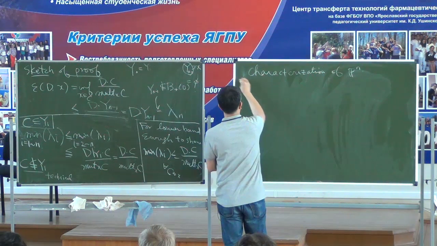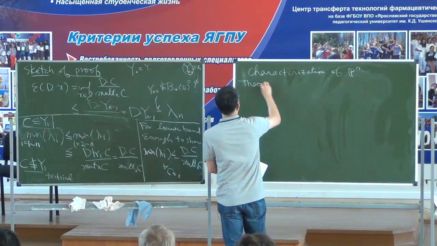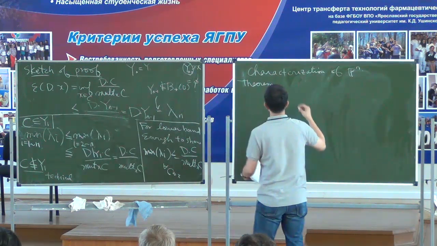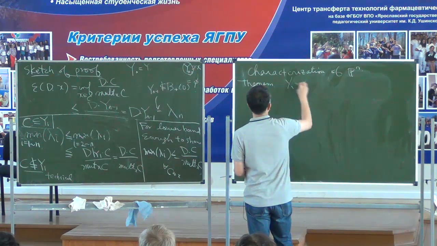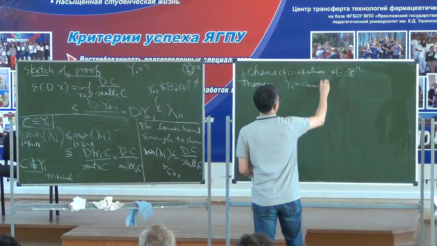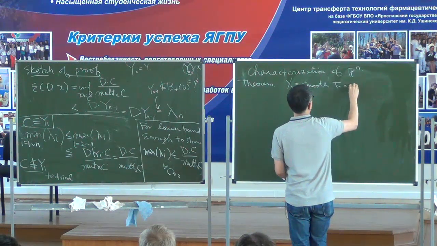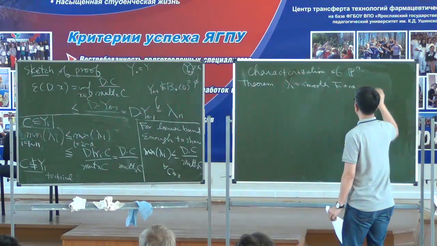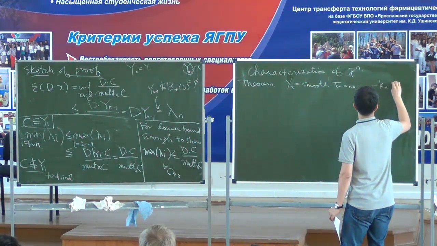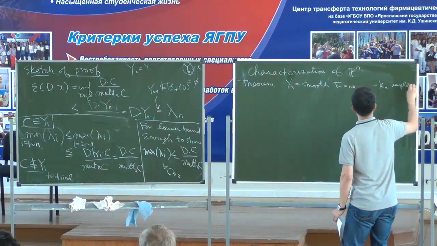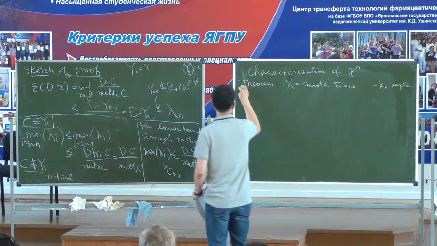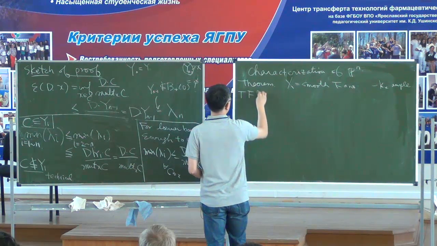Okay, and theorem: X is a smooth Fano variety, so minus K_X is ample. Okay, so the following are equivalent.